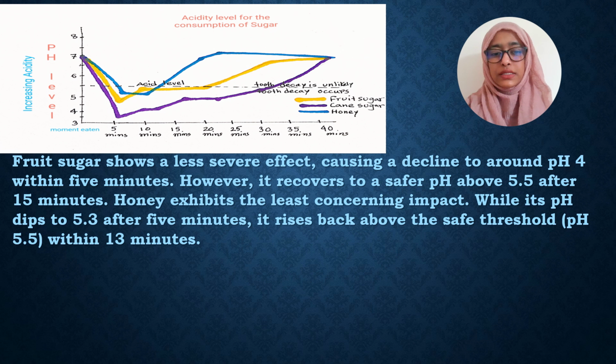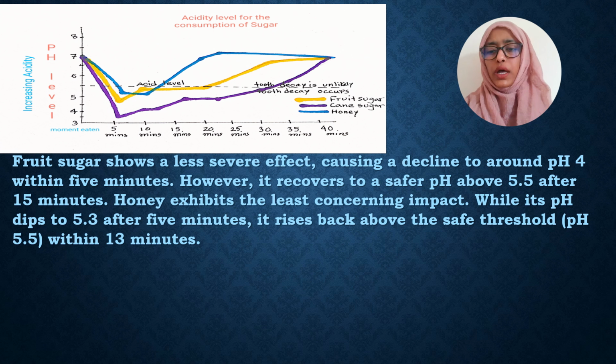Okay, let's come to honey, which is the blue line. Honey exhibits means demonstrates, shows the least concerning impact. We can see, comparing to the other sugars, honey has less impact than the other two.